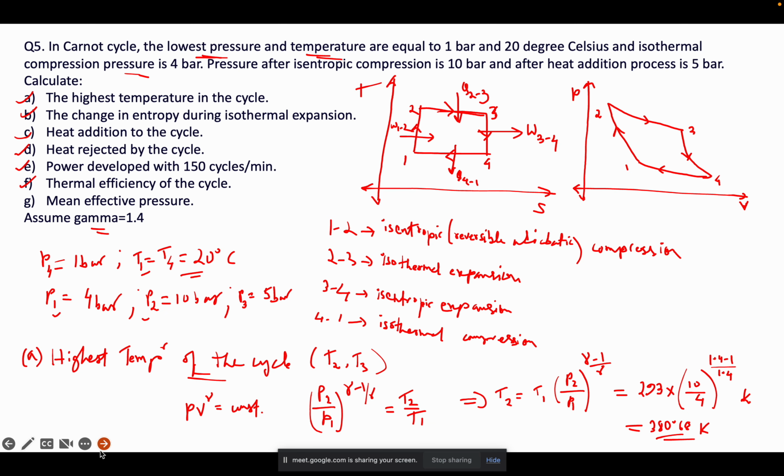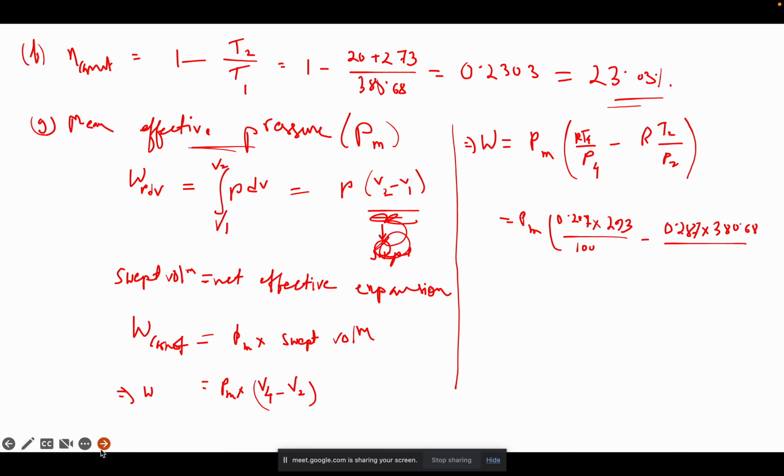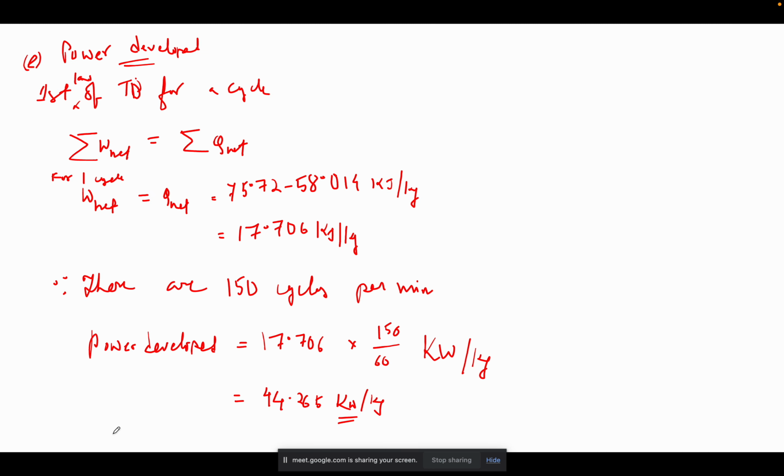P2 is 10 bar, that means 1000 kilopascal, 10 into 100. And we already calculated W for one cycle, 17.706.